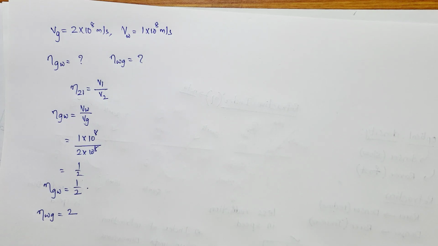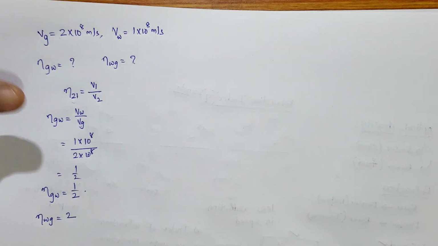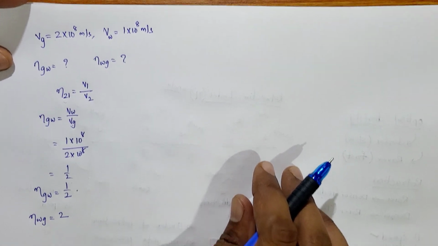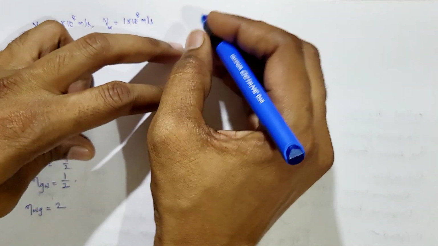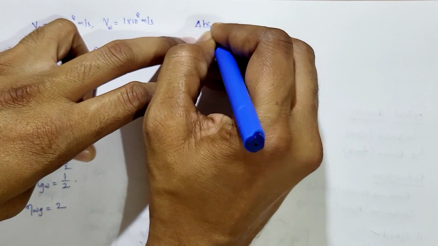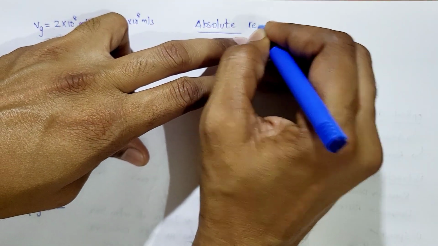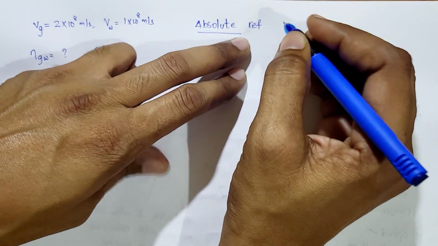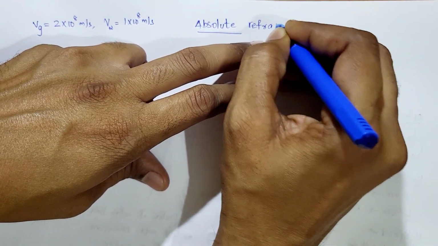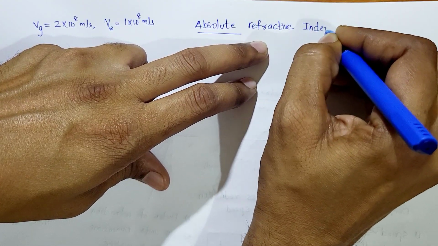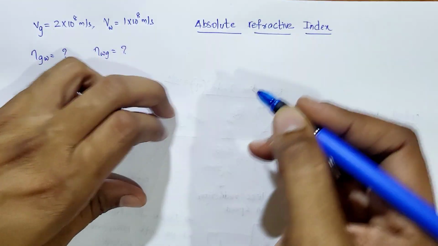There is one more refractive index that we call absolute refractive index. What is this absolute refractive index? What did we understand now?